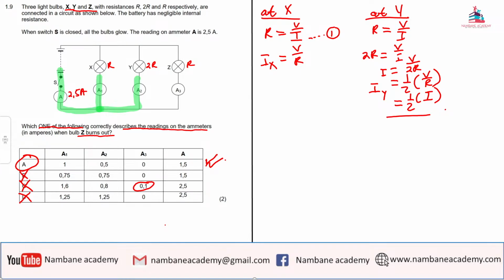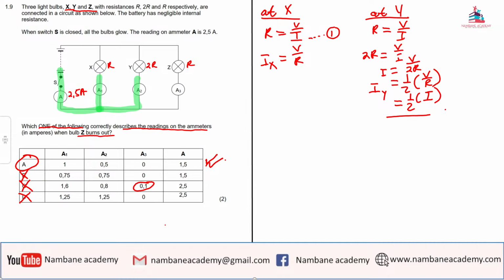I still don't understand about the A in the A. Like you see the ammeter reading for A. I understand the A1 and A2, but not the A. Okay. Remember now, X, Y, and Z are connected in parallel. So if Z dies, we are only left with two, that is X and Y. So we no longer have 3 resistors in parallel.